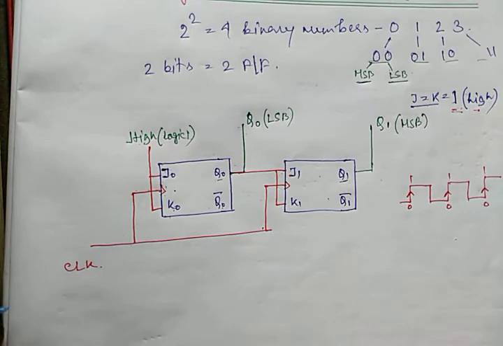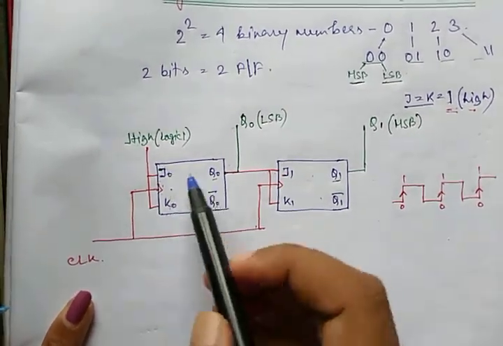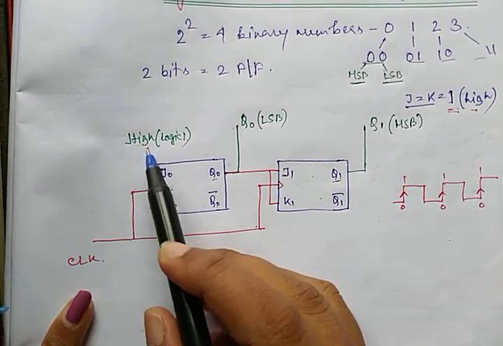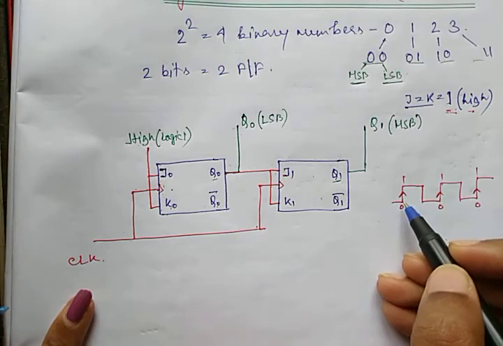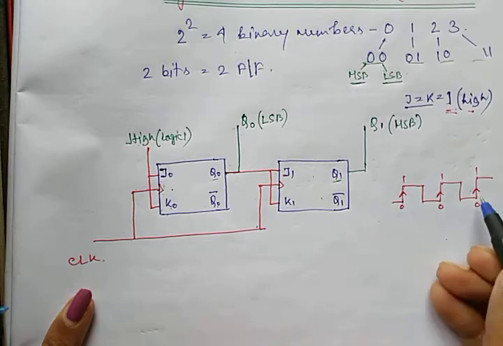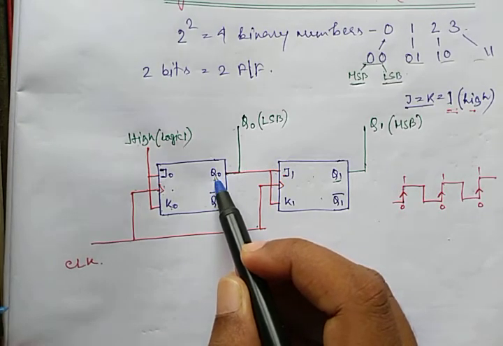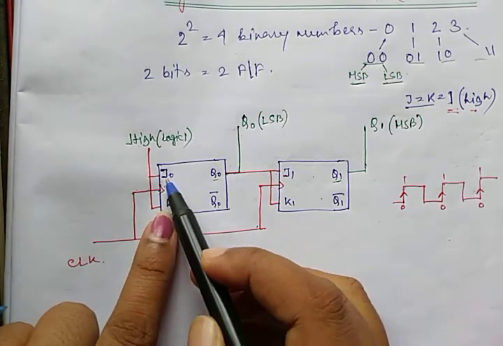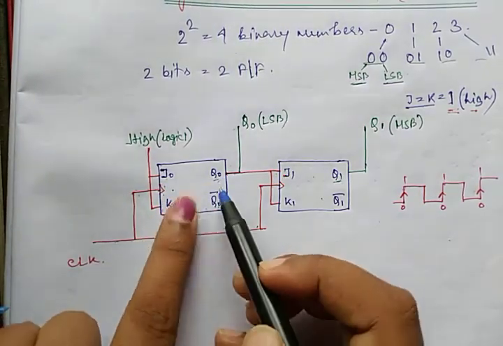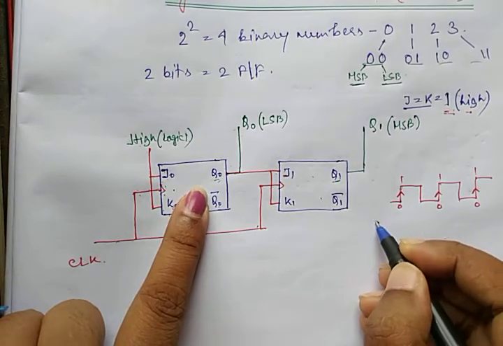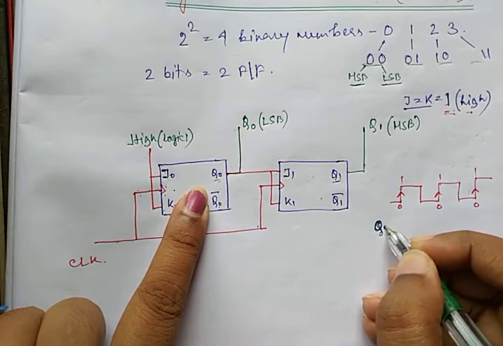So for Q0, mind it, Q0 is the input fed to the first flip-flop every time. Whenever the clock signal goes from 0 to 1 for every clock pulse, Q0 will toggle. As the high signal is passed to both J0 and K0, Q0 toggles for every clock pulse. Watch it very carefully.